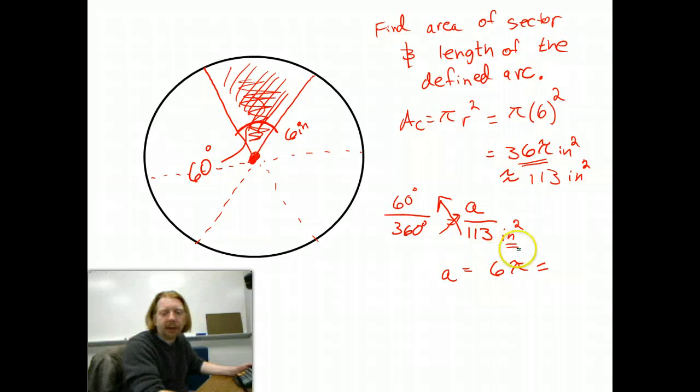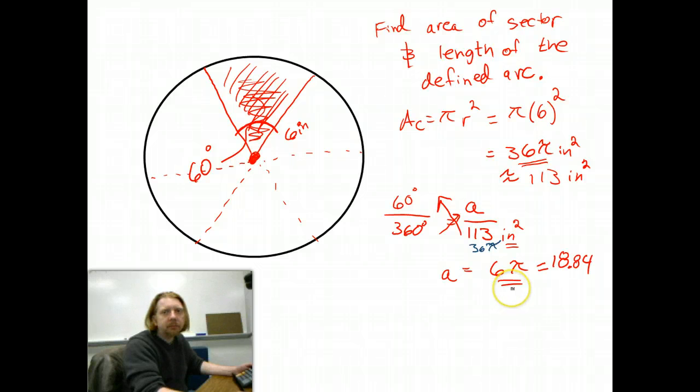Yeah, 18.84. Where did the pi come from in the 6 pi? If you replace the 113 with 36 pi and you carry it through, you'll get an answer of 6 pi when you're done.